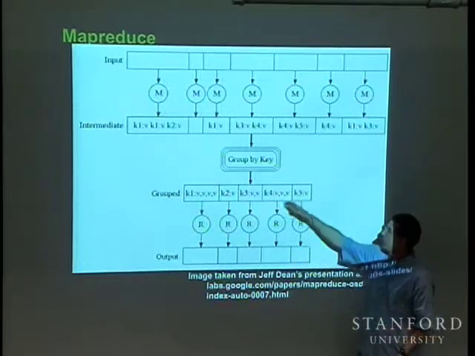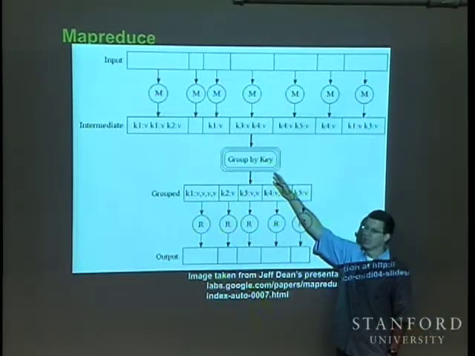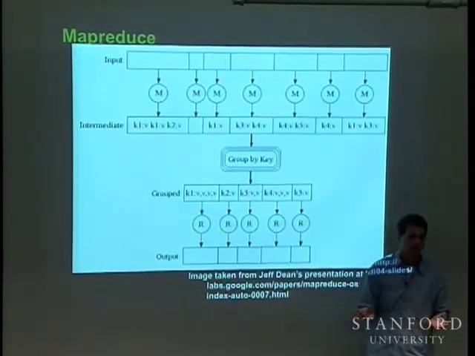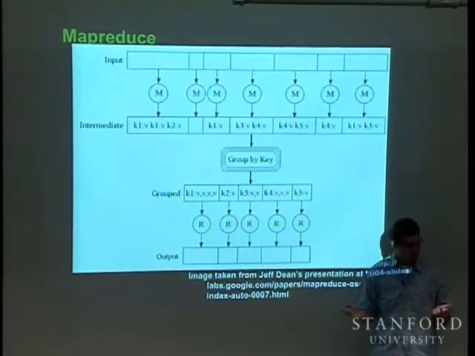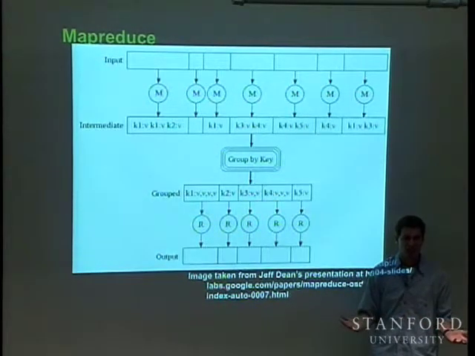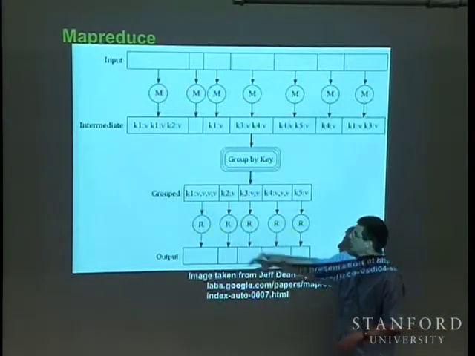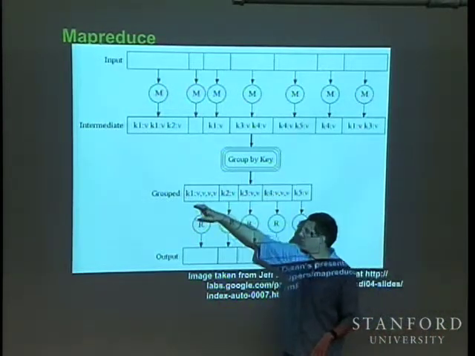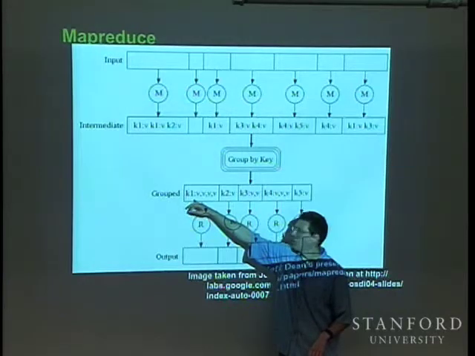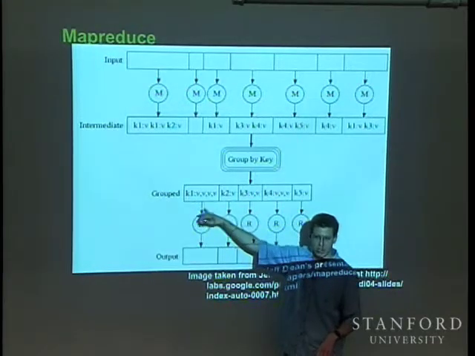And then there's a step called group by key, which is completely inside of MapReduce. And group by key is just sorting based on the keys, right? And so then what you get out is, for each key, all these different values which have the same key.